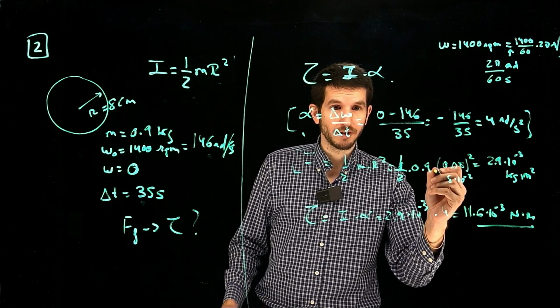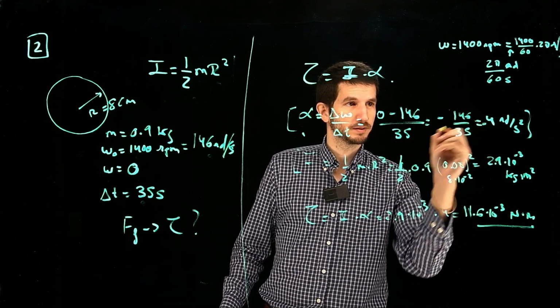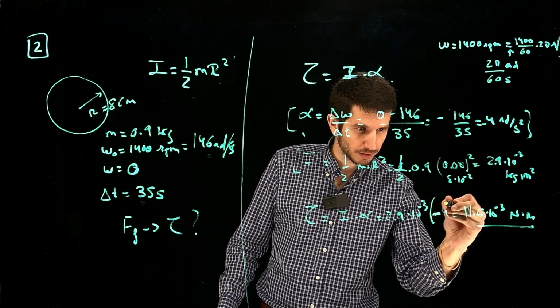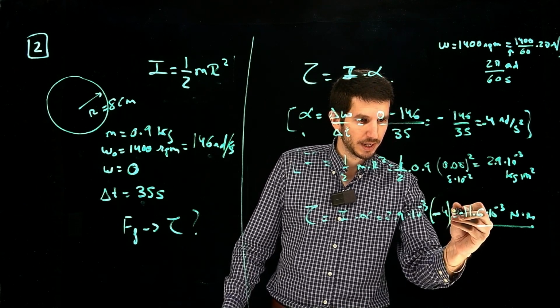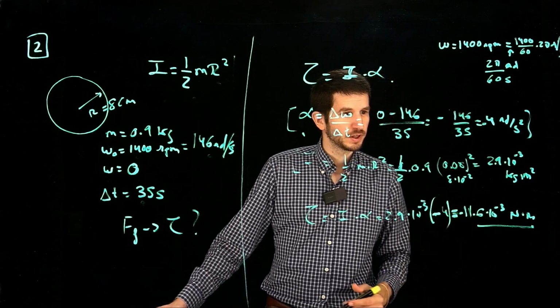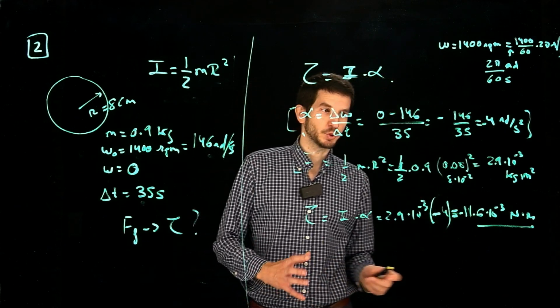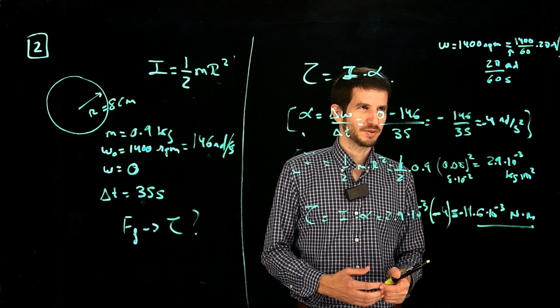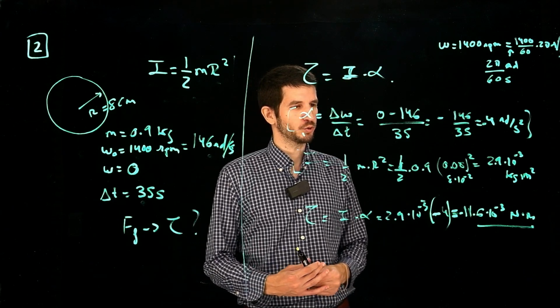And I forgot, by the way, we forgot the sign. So here we're going to need to add negative 4, and so this is going to be negative 11.6 times 10 to the minus 3 newtons, or 11.6 millinewtons per meter, something like that if you wish, or newtons per millimeter. Yeah, you could use any of those options.